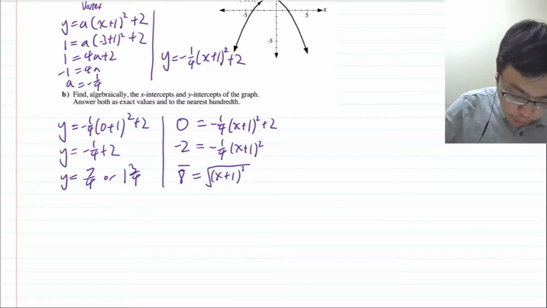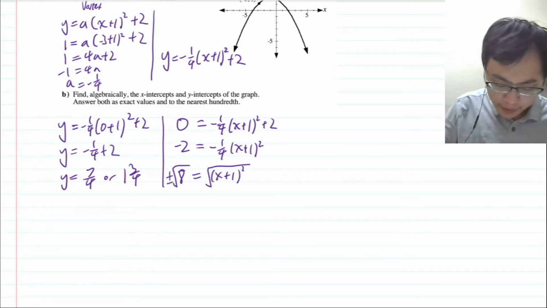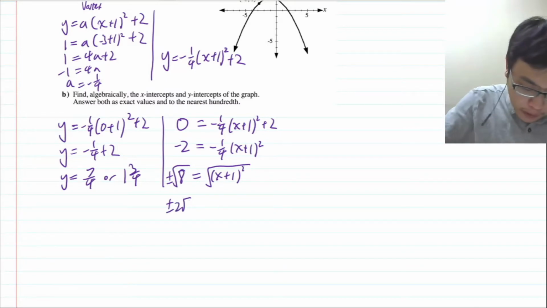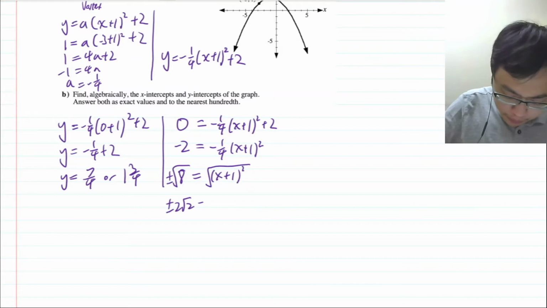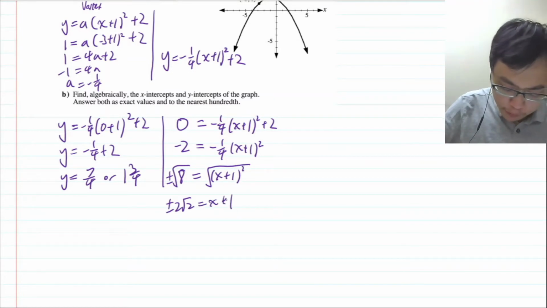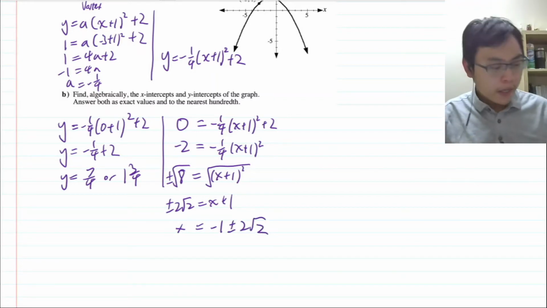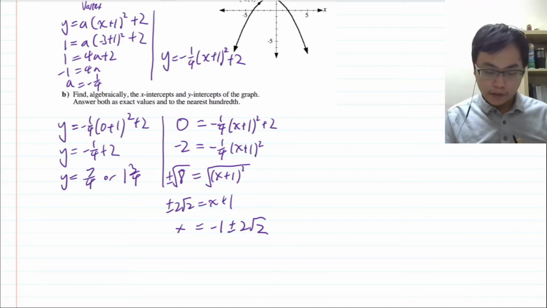We're going to take the square root and we're going to put the plus or minus sign. And so this becomes plus or minus 2 root 2, because square root 8 can be simplified. And this just becomes x plus 1. And then we're going to subtract 1 from both sides. So x is equal to negative 1 plus or minus 2 root 2. And the last thing we're going to do is find the decimal places.